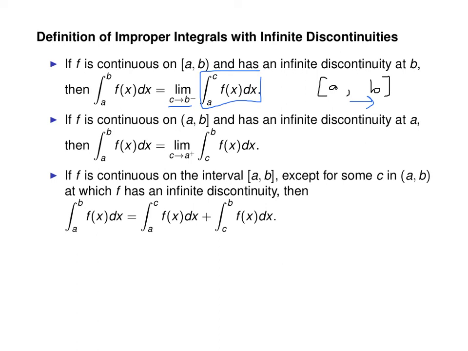And similarly, if the function f of x is discontinuous at a, you want to come at a from the right, so that's why we have c going to a plus.